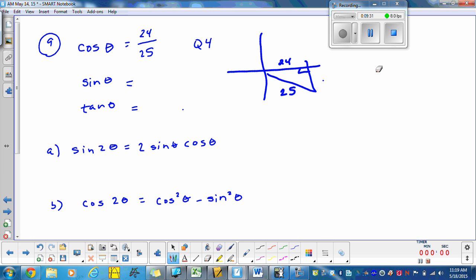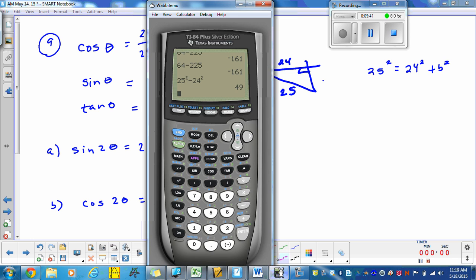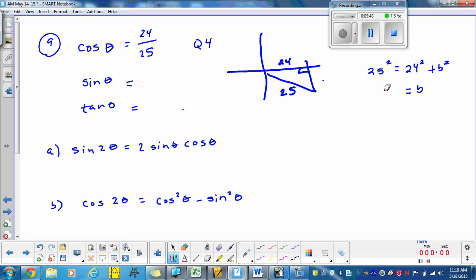And we're going to use the Pythagorean theorem. 25 squared equals 24 squared plus b squared. And when I use the calculator, the Pythagorean theorem shows me that b has to be 7. So this is 7. Now I'm able to see that the sine of theta is opposite over hypotenuse, or 7/25, and that the tangent is opposite over adjacent, and that is 7/24.